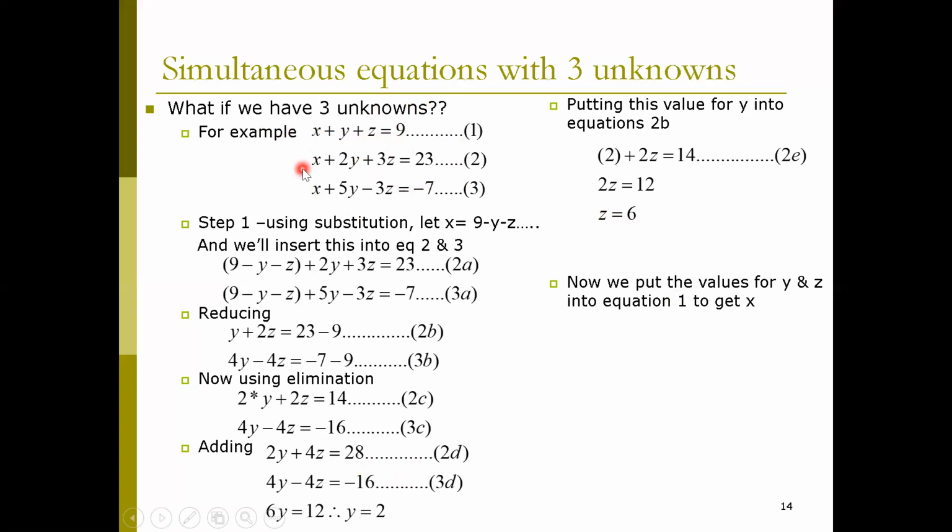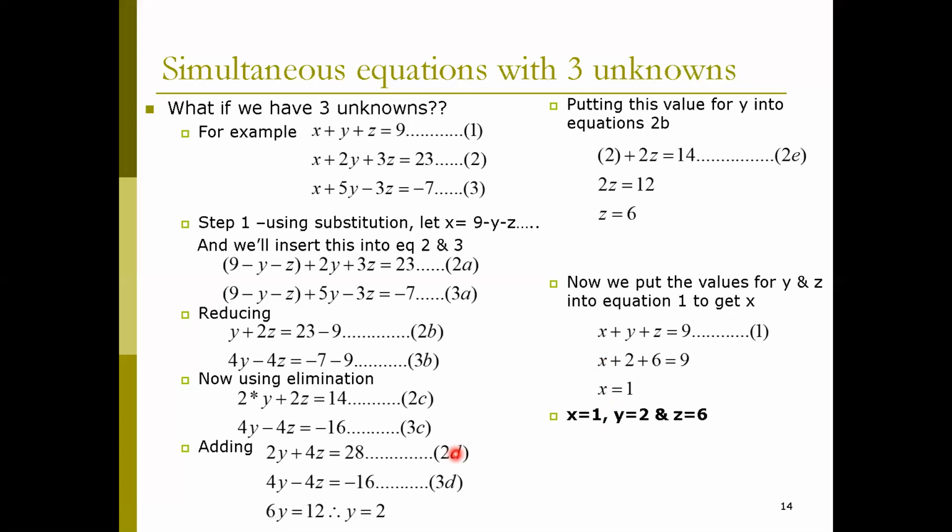So it's much simpler than substituting into the other two equations. So x plus y plus z equals 9. Substitute y equals 2 and z equals 6. And we can then transpose and solve for x equals 1. So there's our solution: x equals 1, y equals 2, and z equals 6.